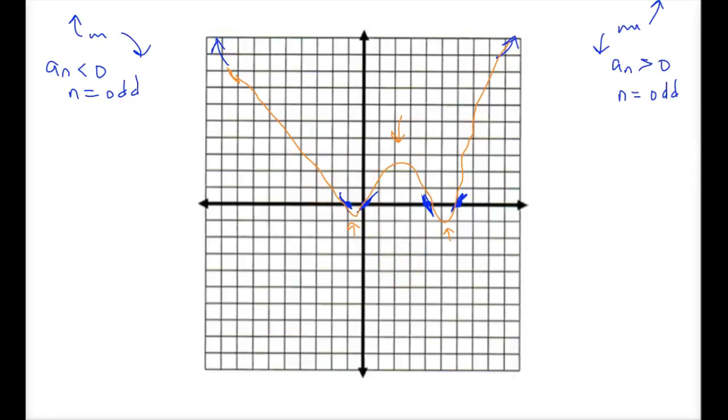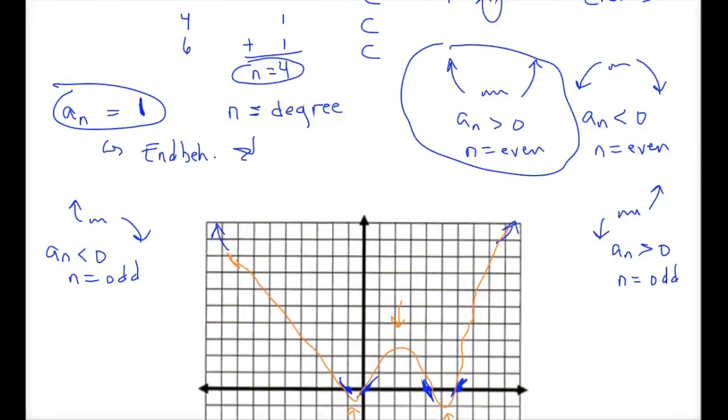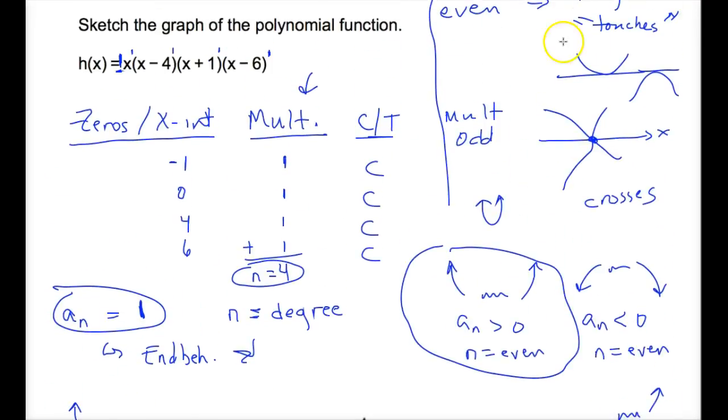And so again, this is how we figure that out. We just look at the polynomial in factored form. We pick out its zeros. We identify the multiplicity of each factor. And depending upon whether the exponent of each factor is even or odd, tells us whether it is crossing through the x-axis or it is tangent to, or how I like to nickname, just touches.